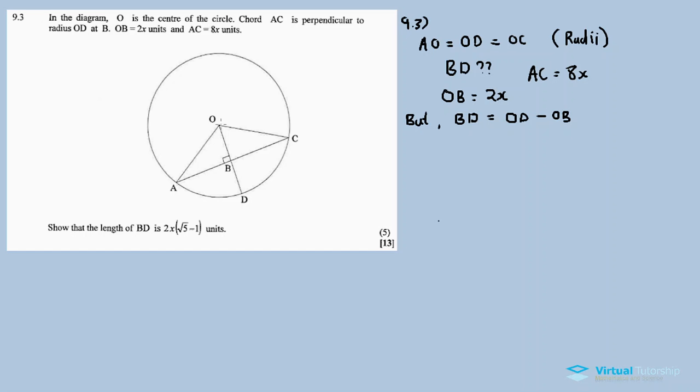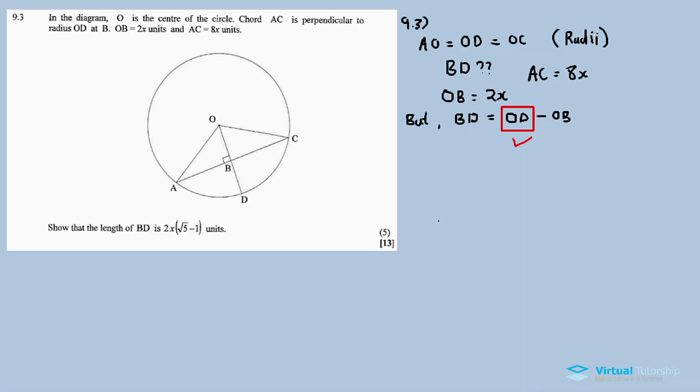BD is equal to OD minus OB. So we subtract OB from our OD, which is the radius, and we get BD, right? I do have OB, so I need OD in order to calculate BD.